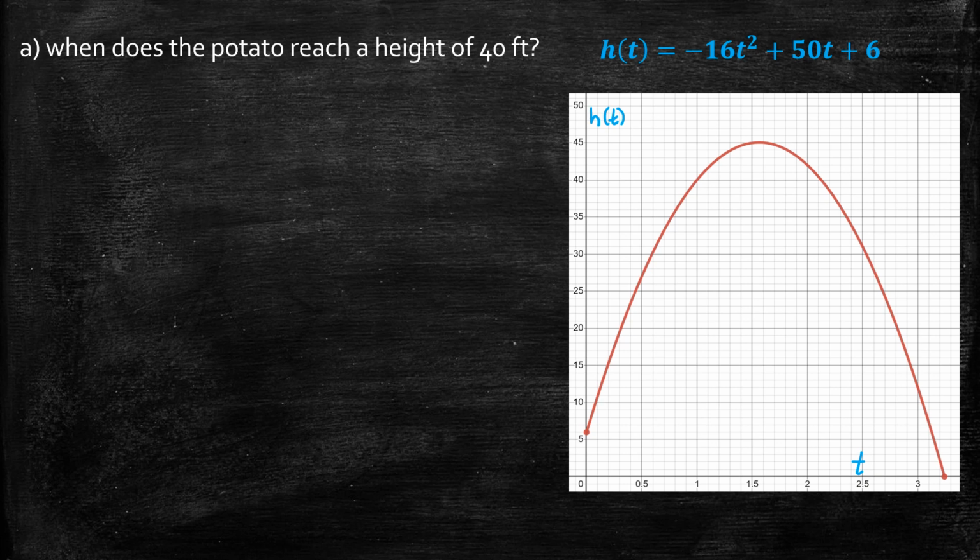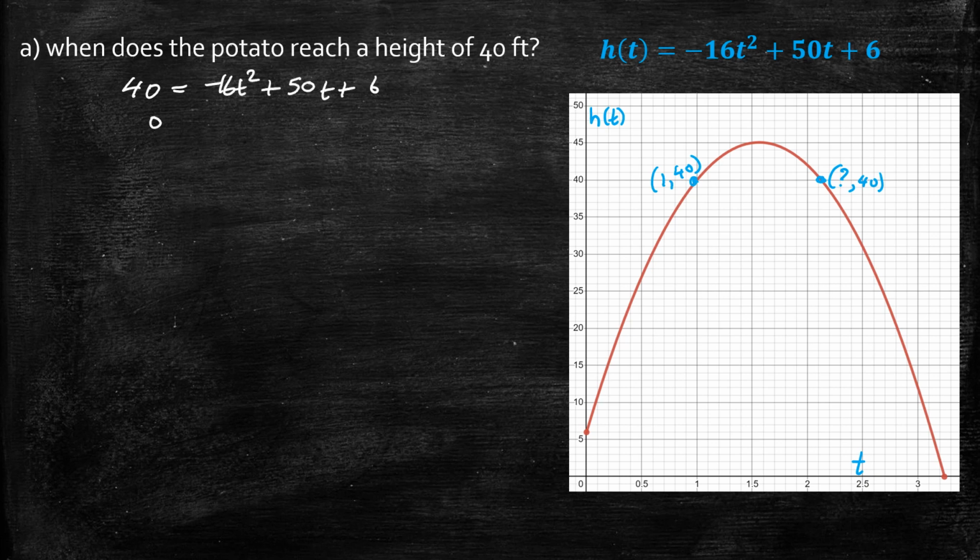We can answer a question like, when does the potato reach a height of 40 feet? We already know we got lucky in the previous slide: we put in t equals 1 and got out 40. But there's obviously another time at which this happens. We need not much more than pre-calculus to answer a question like this. We would just set the height equal to 40 and solve a quadratic.